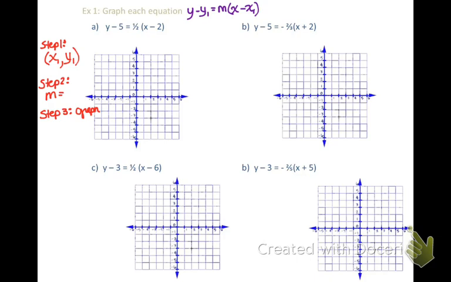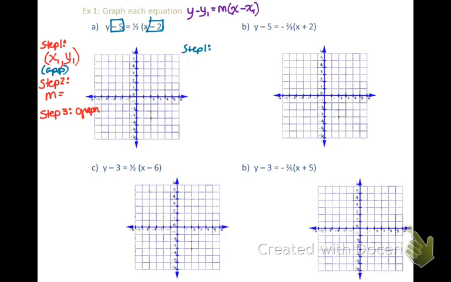So step 1, we're going to find out what the points are. Again, here are your points, x1 and y1. Now you're going to do the opposite of what the sign is, so maybe over here you can put the opposite down here.